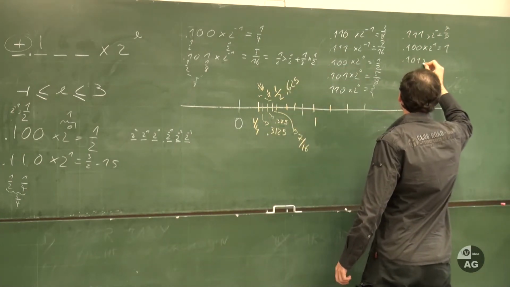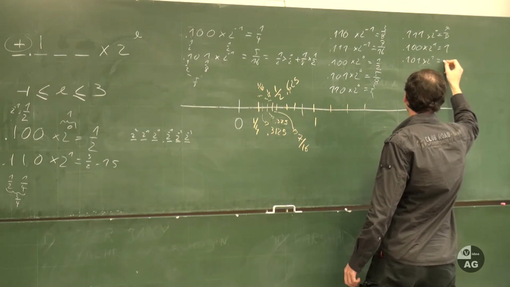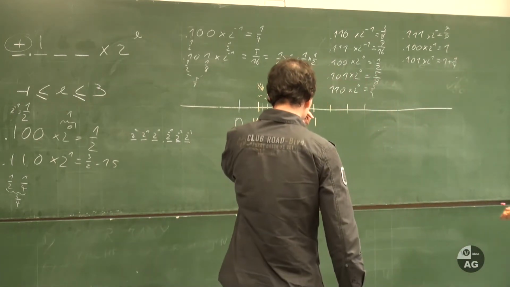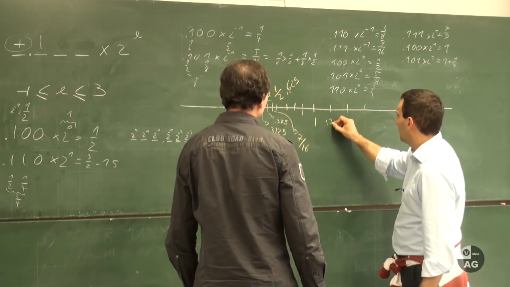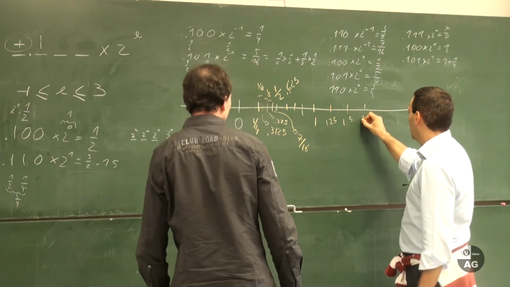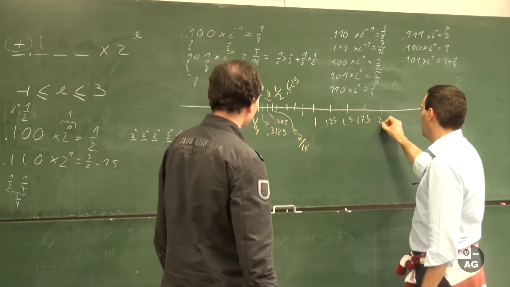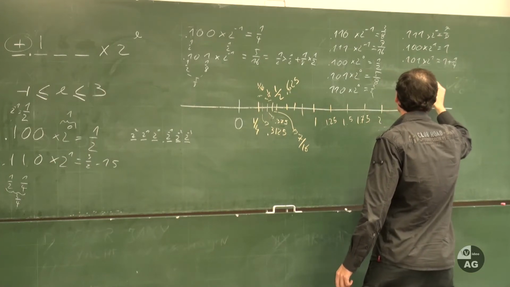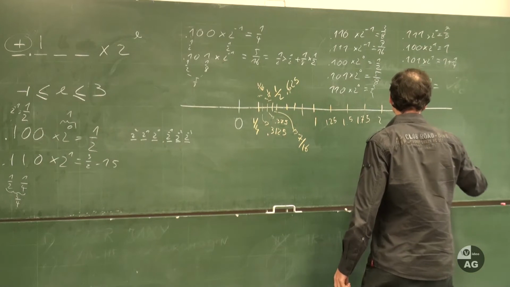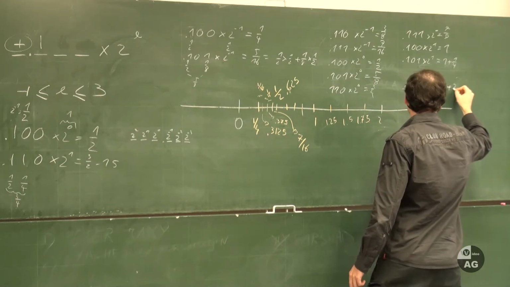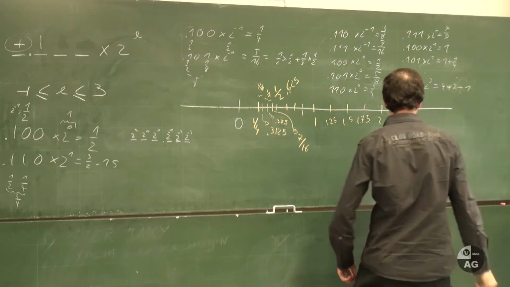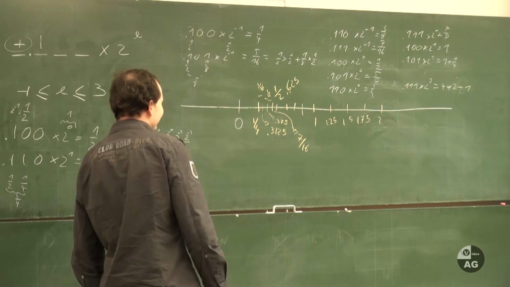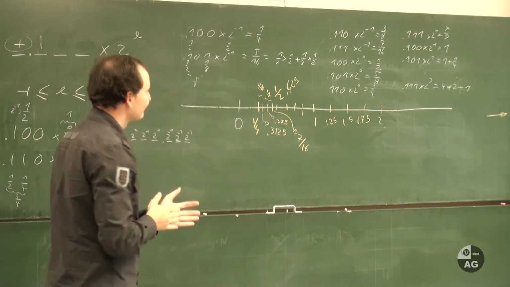Then 1.25, and then we know 1.5, 1.75, and 2, and so on. What is the largest number we get? And so we continue, to 2, somewhere around here, there is a 7. Okay, thank you. See, it wasn't so bad.